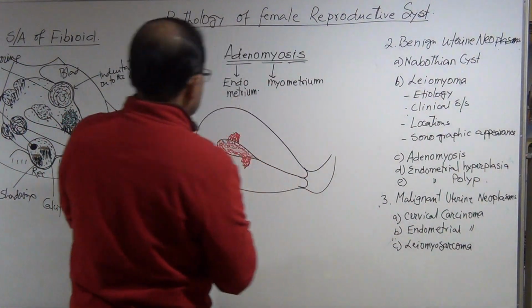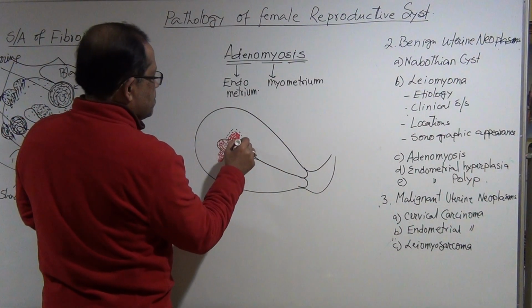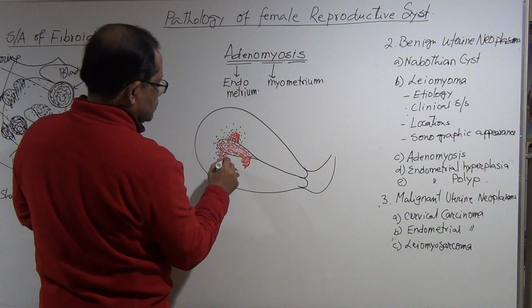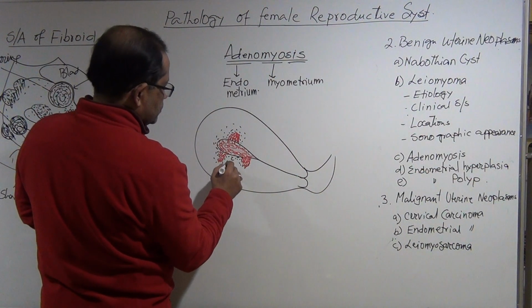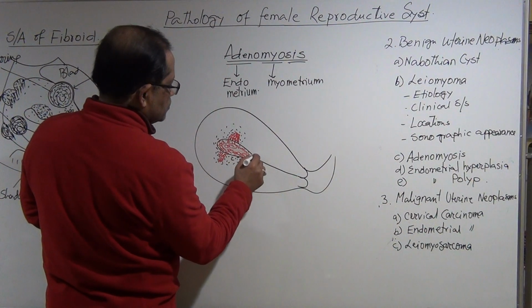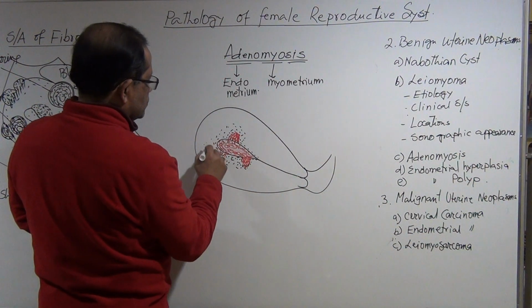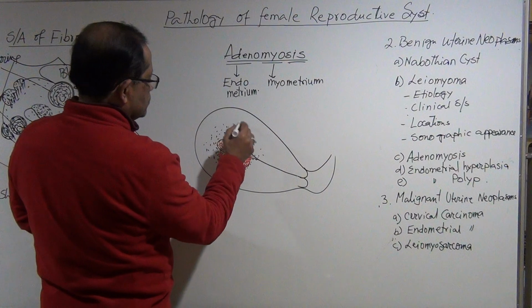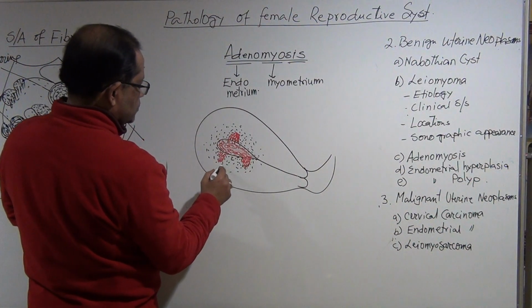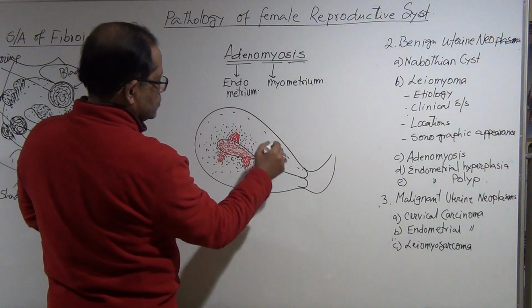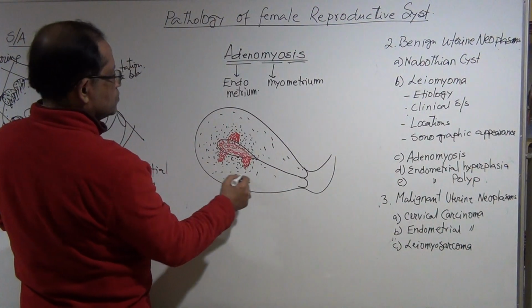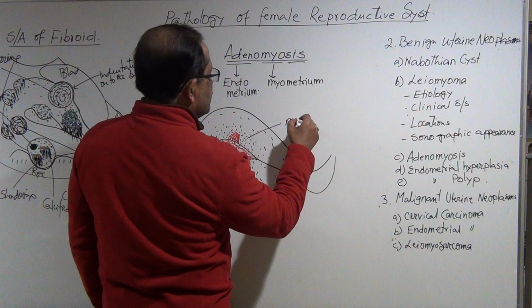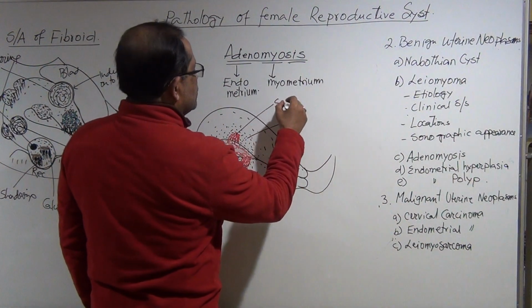Okay, this is myometrium. Now understand that this is myometrium and this is endo.